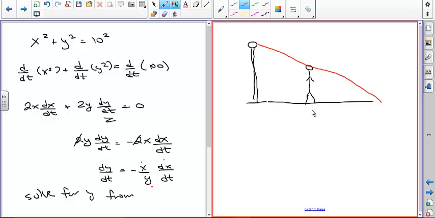So here's a shadow, like that. So the man is 6 feet tall. Walks away from the light 10 feet above the ground, so the light is 10 feet.